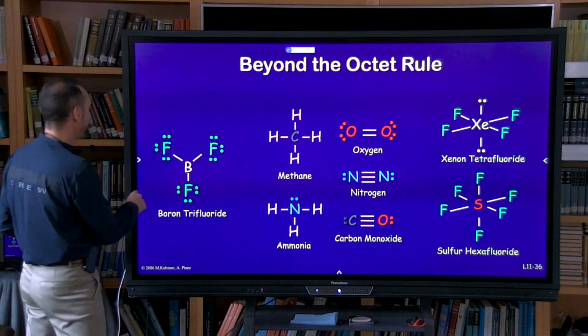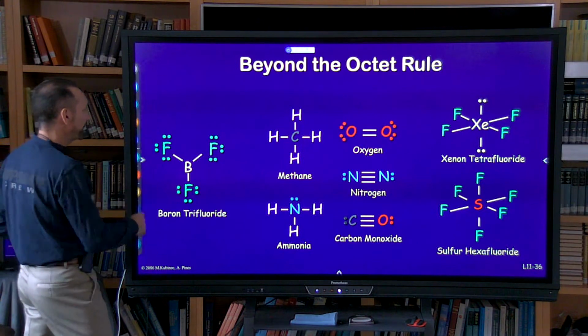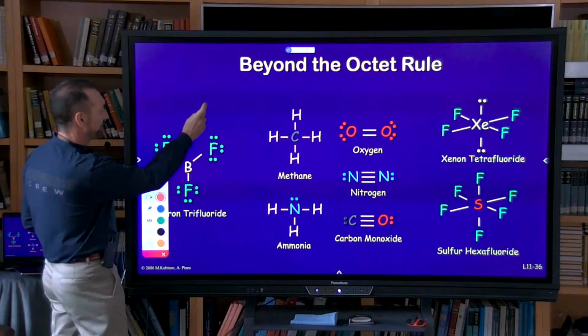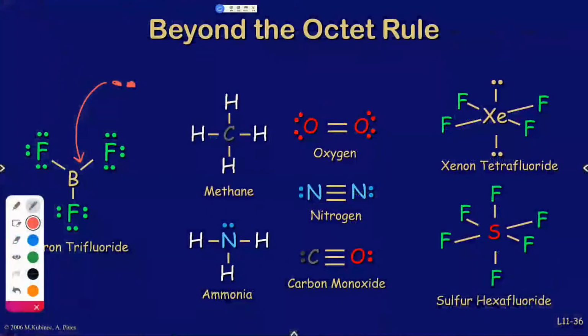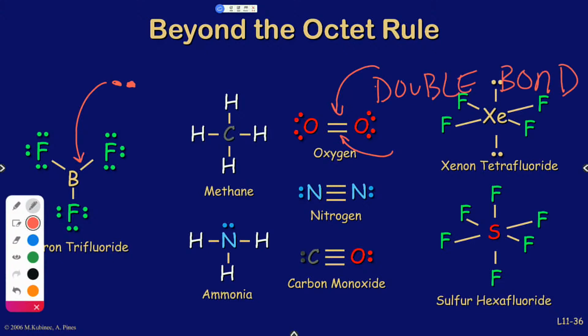And now I'm going to start writing the shared pairs as lines. So that is a shared pair of electrons. Here's a double bond. Both of those represent a pair of electrons.